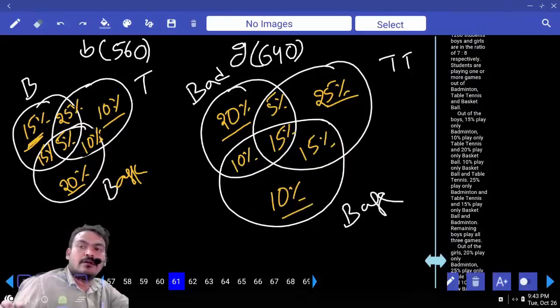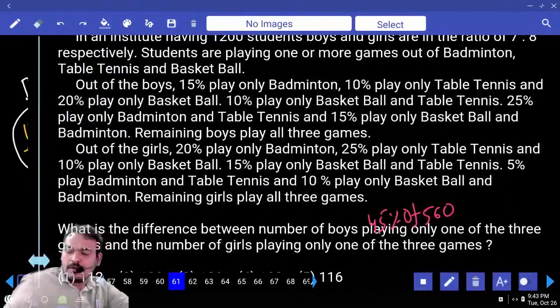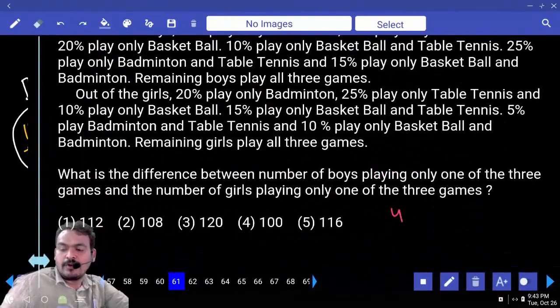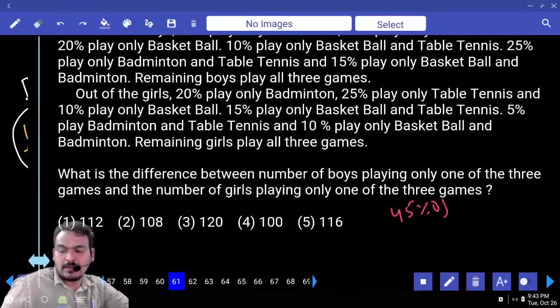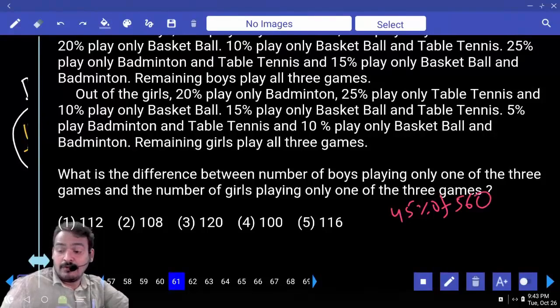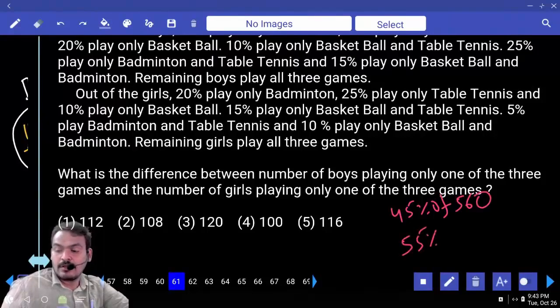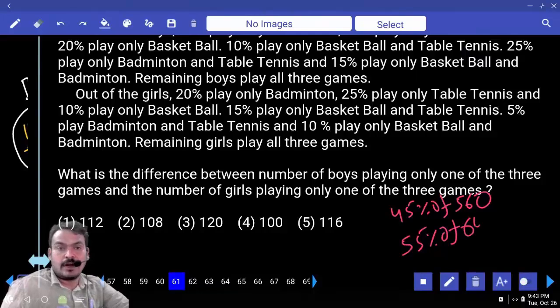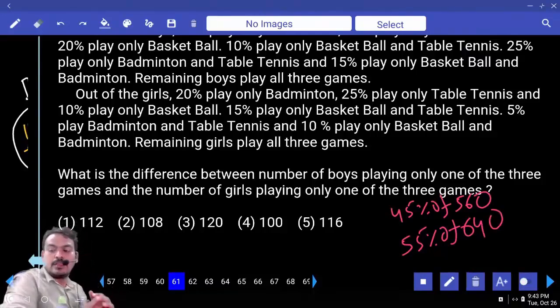Total it will be 55%. 55% of which value? 640 or not? One is 45% of 560, another one is 55% of 640.